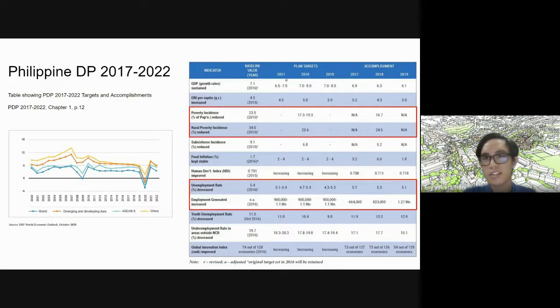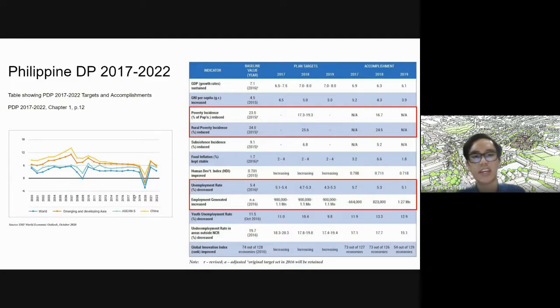Their targets for 2017, 2018, and 2019 are listed here, somewhere between 7 to 8% growth rate. And then the accomplishment, at least you can tell it's truthful because they show that they failed. The 2019 GDP growth rate is only 6.1%. This is probably due to the pandemic.